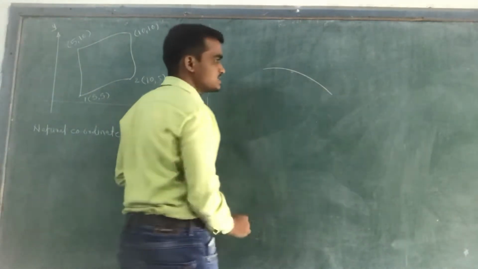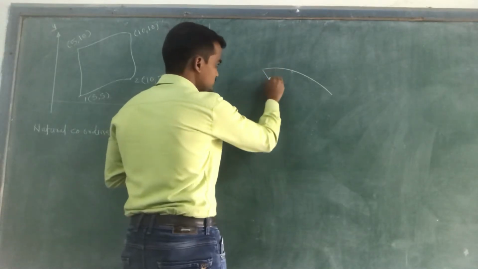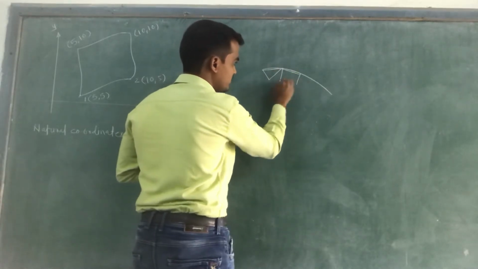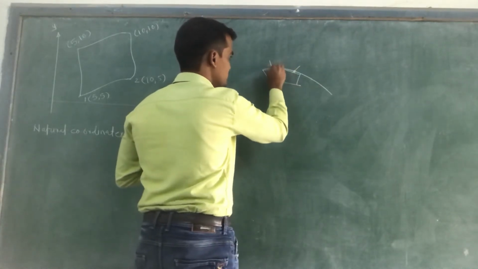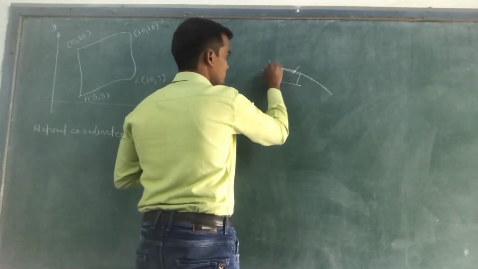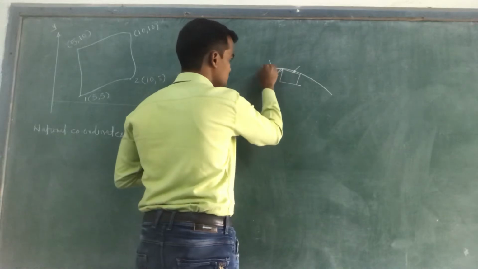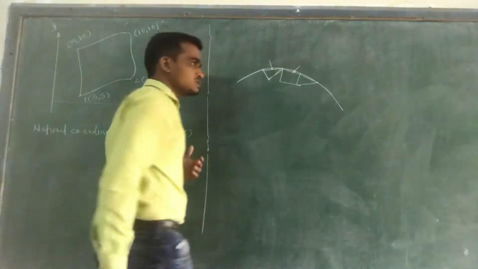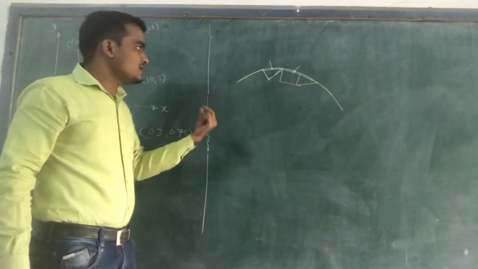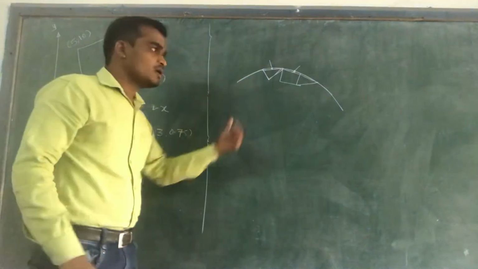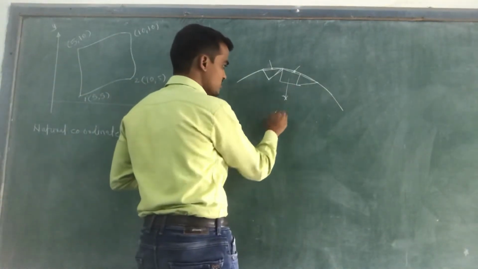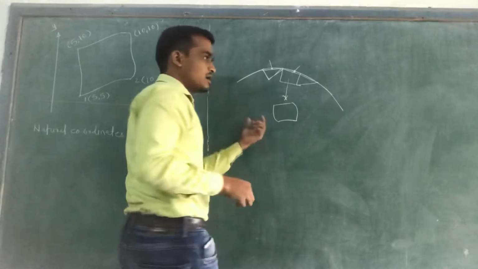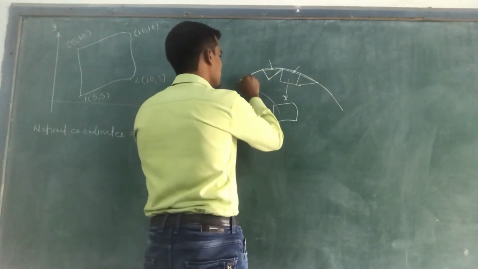If your geometry is like this, we cannot map it with triangular or rectangular elements, because such a gap remains here. So we need elements that will exactly map this geometry. Instead of the triangular element, we will use this irregular or quadrilateral element, and by using it we can map our geometry.